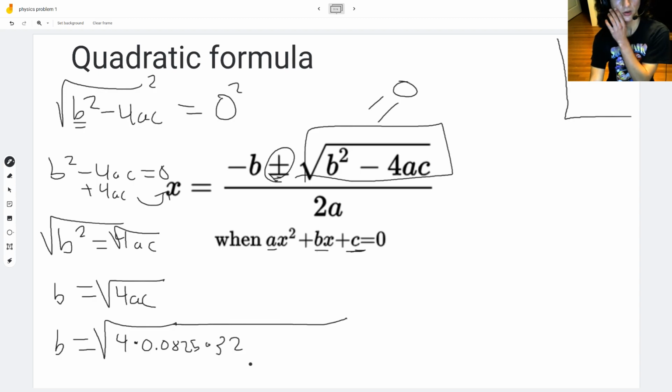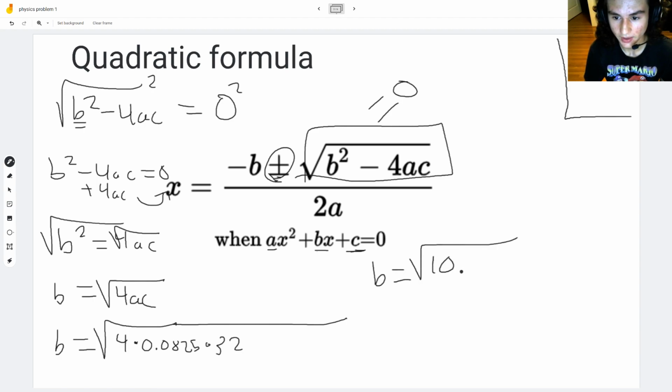And when we use our calculator to multiply these numbers together, we end up getting b equals the square root of 10.56. And the square root of 10.56 is approximately 3.25.